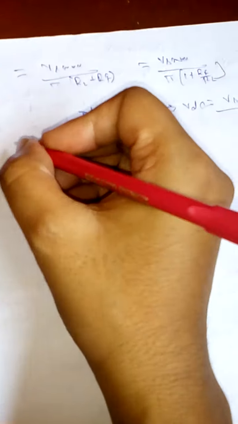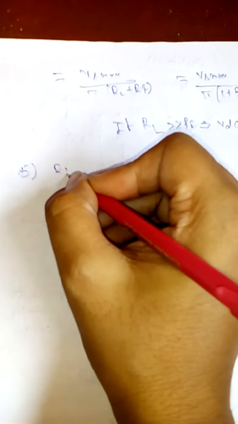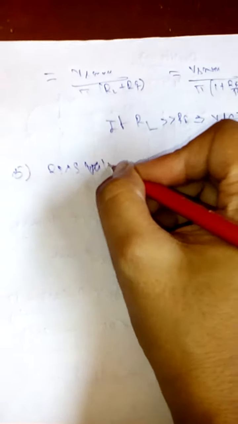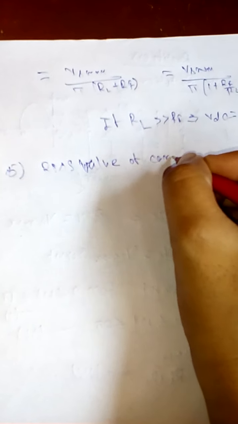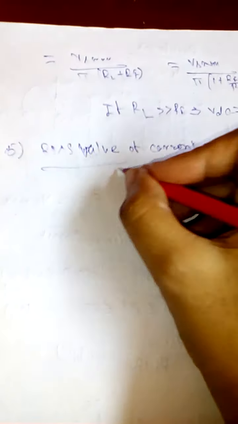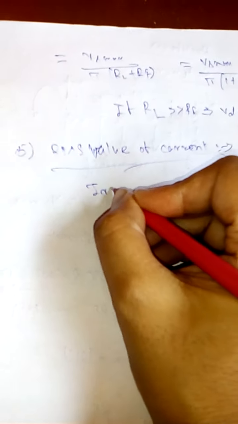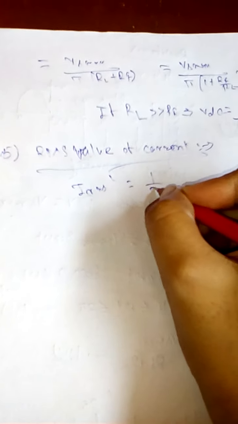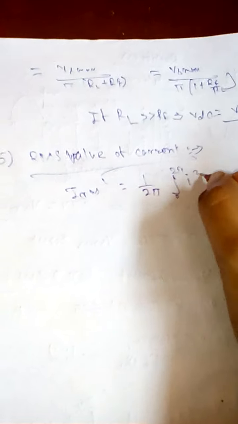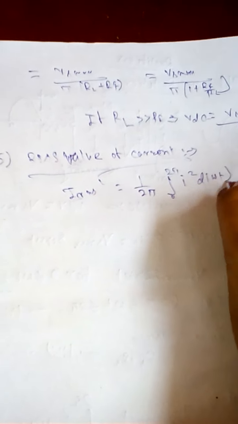Vs max by pi. Fifth point, we have to calculate the RMS value of current. So what is the RMS value? I RMS square equals 1 by 2 pi, integral from 0 to 2 pi of I square d omega t.